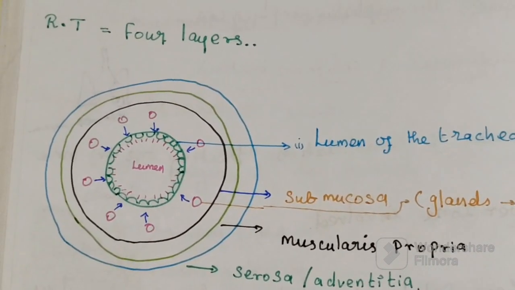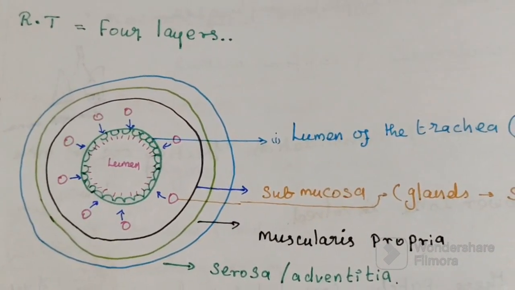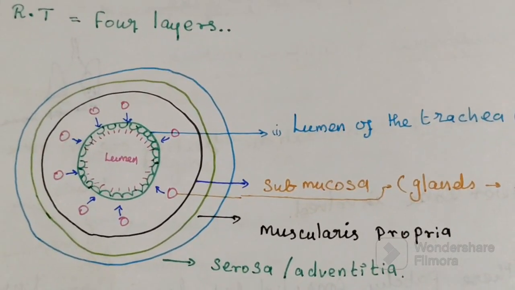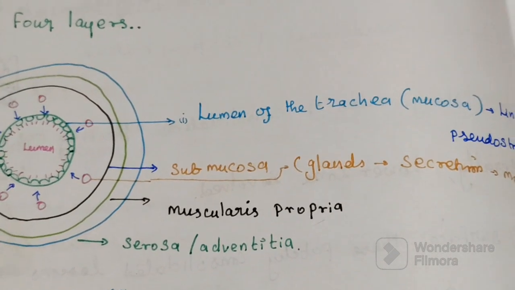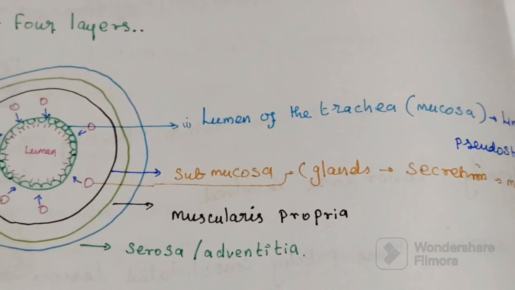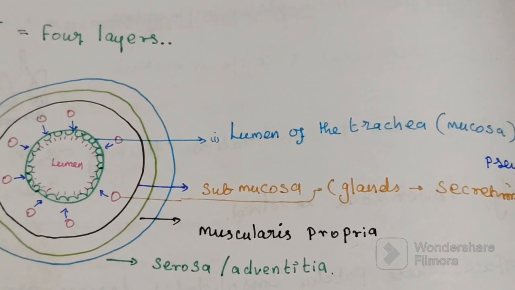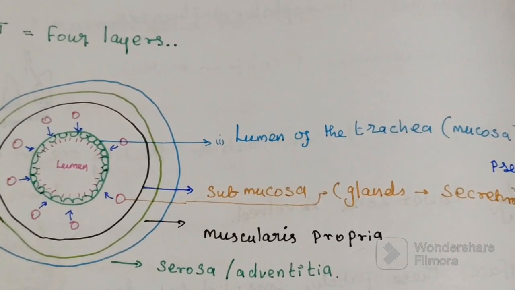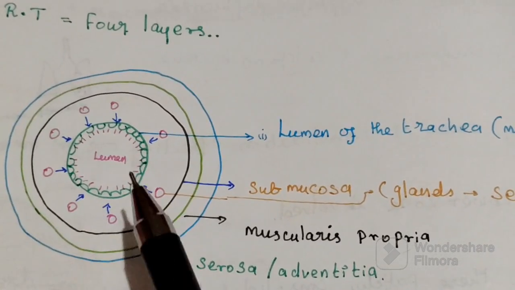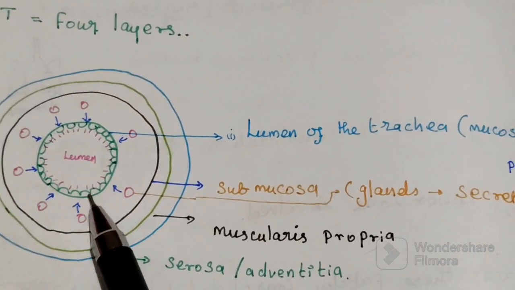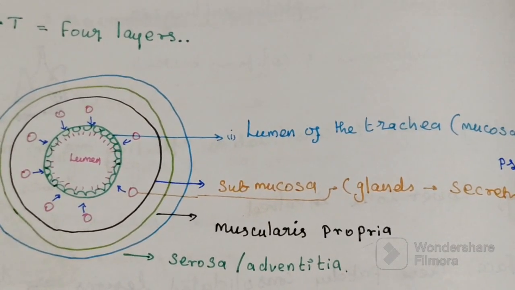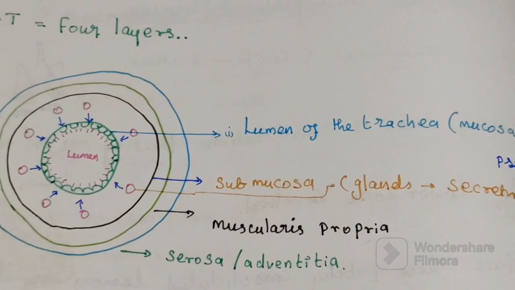The entire respiratory tract has 4 layers. Let's talk about the trachea. This is the lumen of the trachea. The lumen is lined by an epithelial lining, that is the mucosa. The first layer is the mucosa.